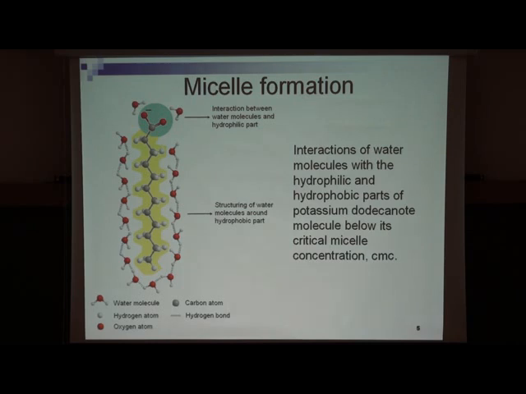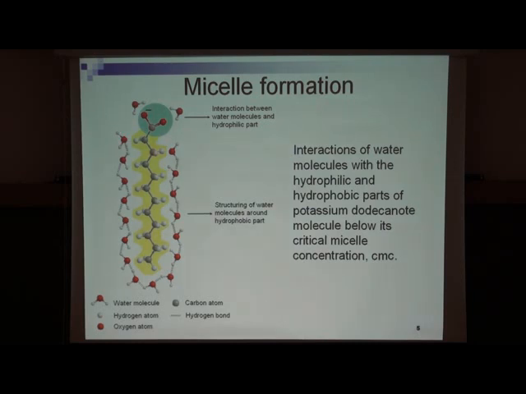And here, this is an example of an amphiphilic molecule, potassium laurate or dodecanoate, and it has two different parts. One is hydrophilic, this part is hydrophilic, which means that it can be dissolved in water, and this part is the hydrophobic tail.